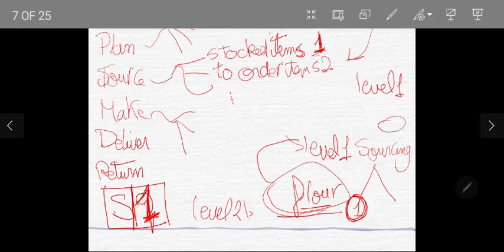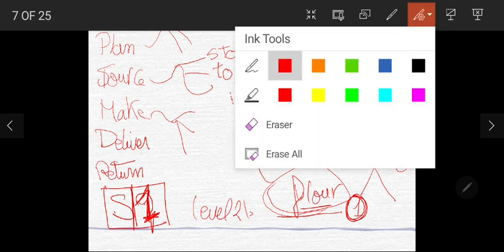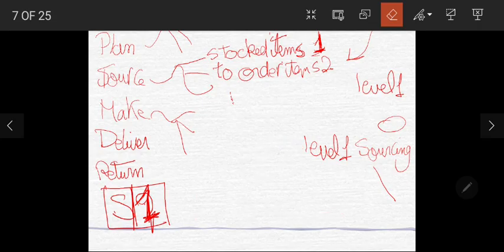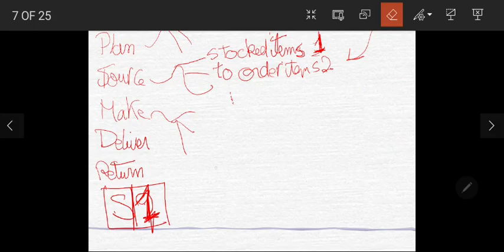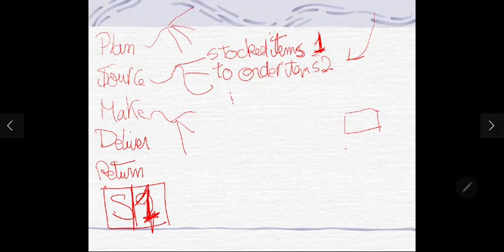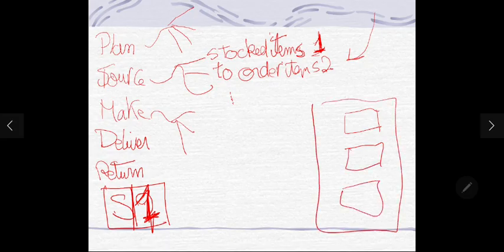The process of sourcing stocked items in itself is not one process. It's a collection of processes. In other words, when we do this, we need to search for a supplier, we do some transactions, so we have some steps here. So S1 is further divided into steps number 1, 2, 3.